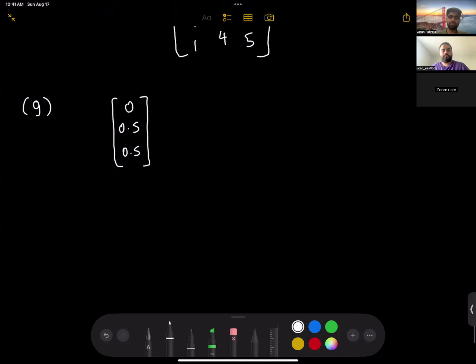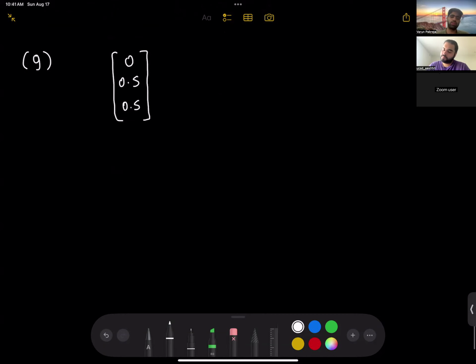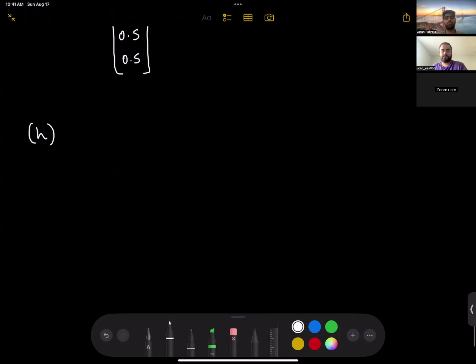Part H is just confirming that the design matrix times W, so XW, gives us the ŷ vector that we had before, and it does.